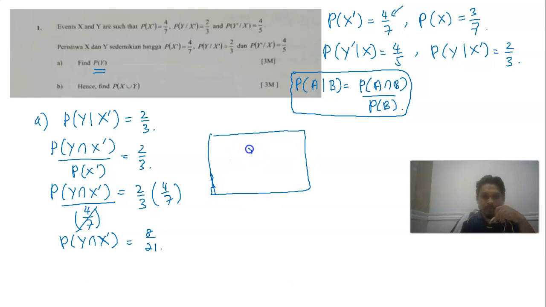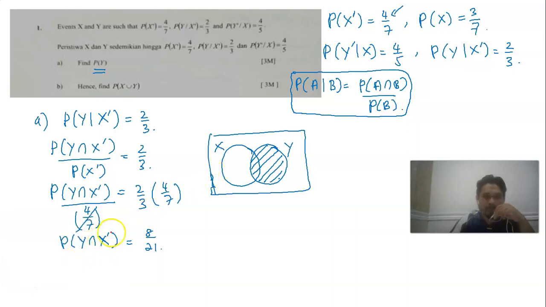So this is the diagram for X and Y. The probability of Y, the whole Y, intersect with X complement.